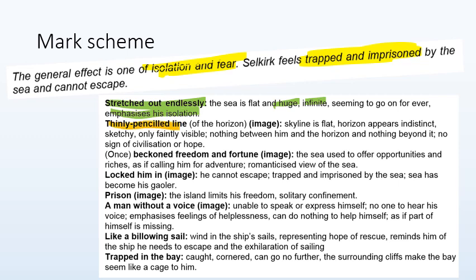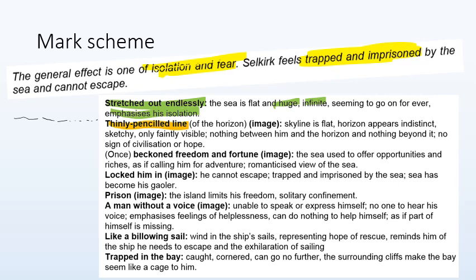The thinly penciled line of the horizon. So imagining that horizon line is just like, have I got the colour grey? I can't. It's just like this very thin, faint line like this. So that says the exam board that the horizon is flat. I would say that's a very, very obvious point for the exam board to make.